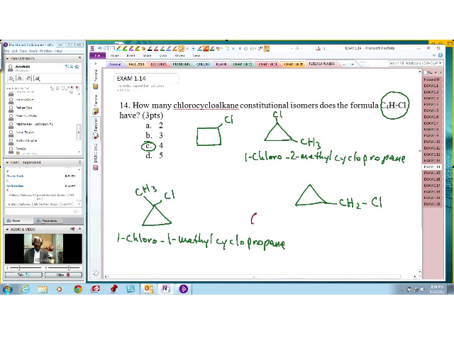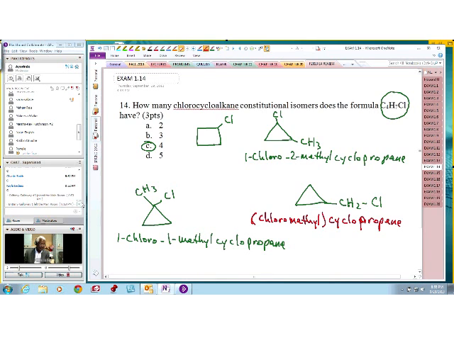We put that in parentheses, chloromethyl, cyclopropane, because this chloromethyl group is attached to cyclopropane. So those are the 4 possibilities.